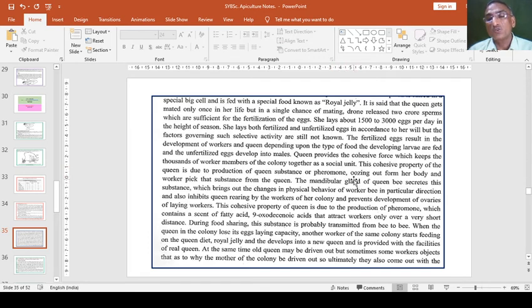It oozes out, meaning it is secreted, from her body, and workers pick that substance up from the queen.